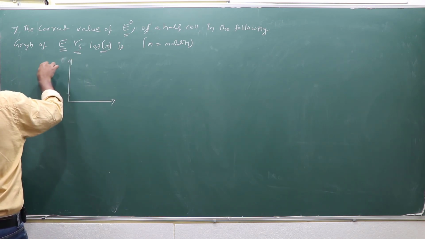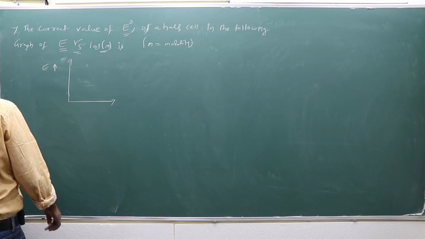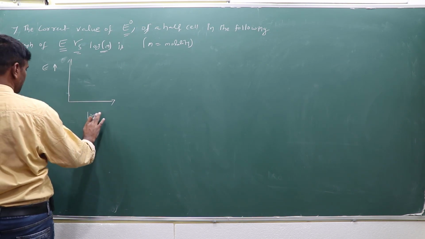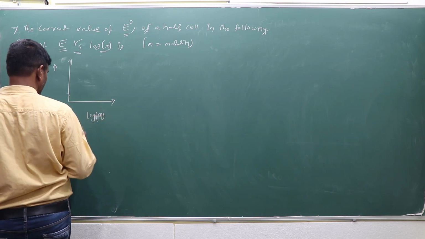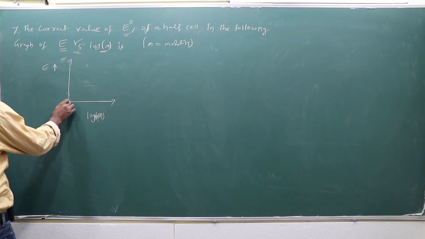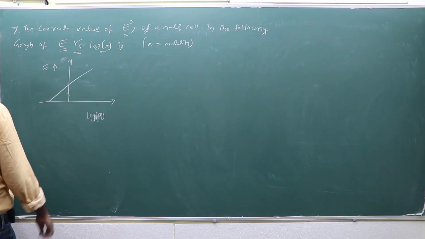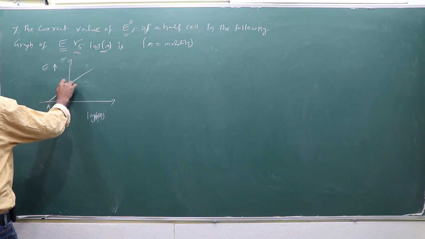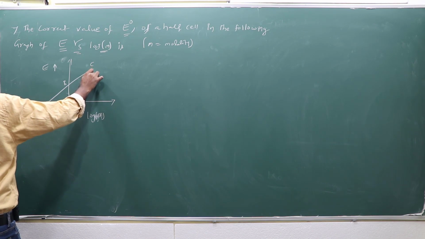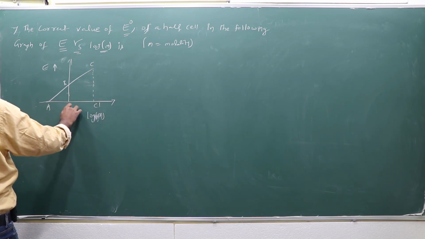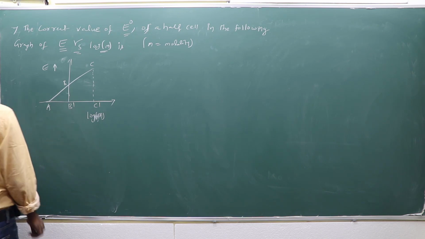On the y-axis is E, and on the x-axis is log M. The points are A, B, C, C dash and B dash.